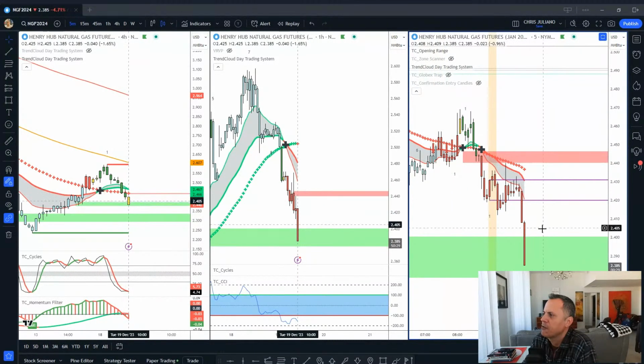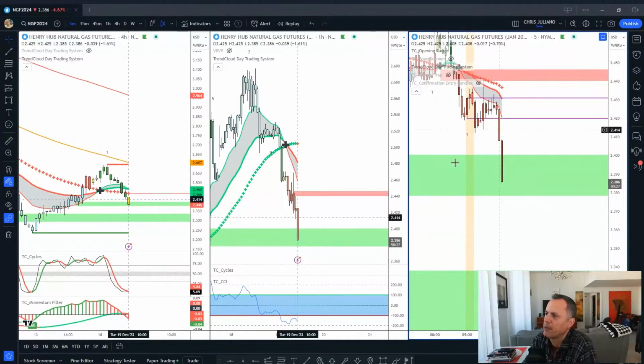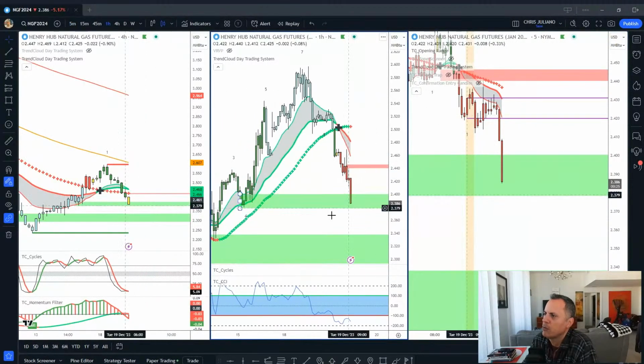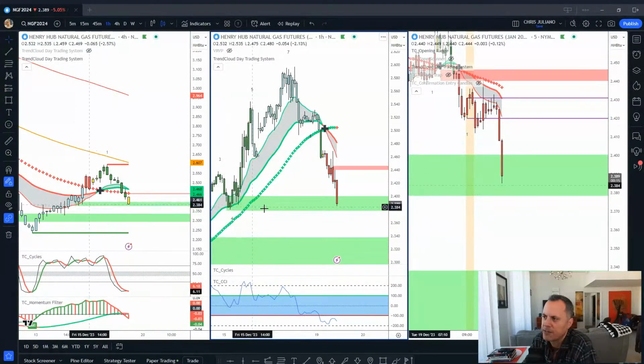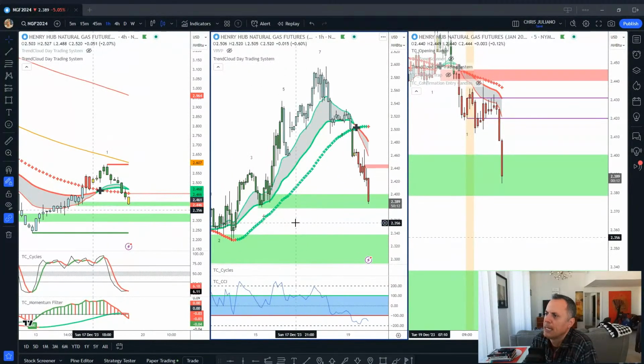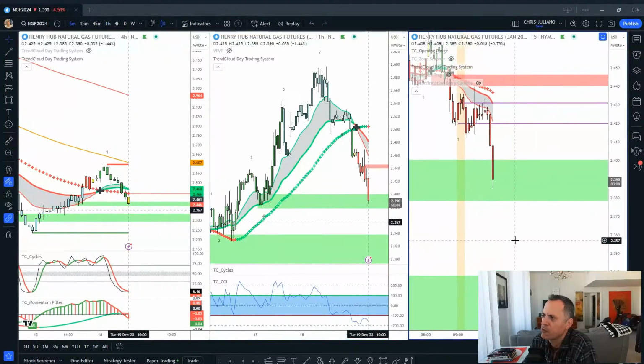Because this is still fresh, and we are just going to the downside here, right? So we're in this middle time frame demand zone here, and if it breaks through this, great. Let's look for another setup.